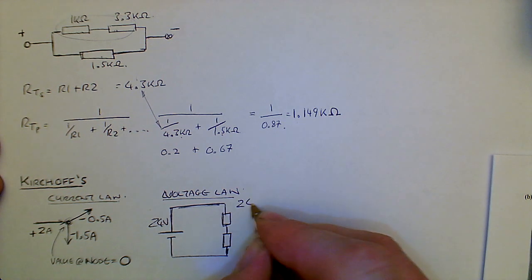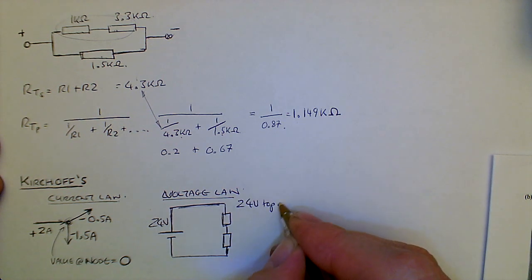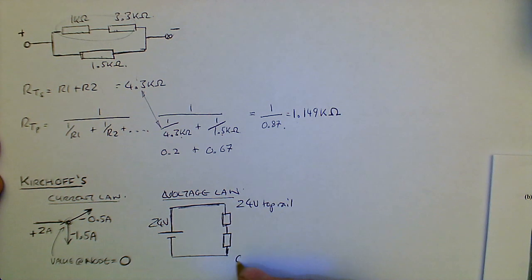So we've got 24 volts at the top rail, and it should be 0 volts at the bottom rail. So the potential should drop to 0 as you go round. So if we've got plus 24 volts here, then it has to get used up going around the circuit. So we're going to show that.